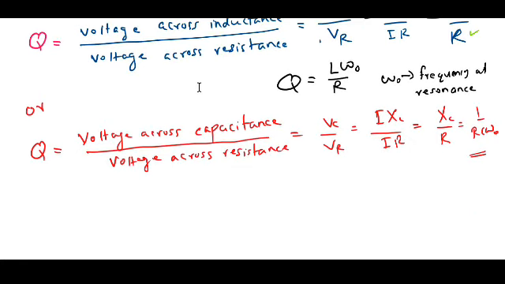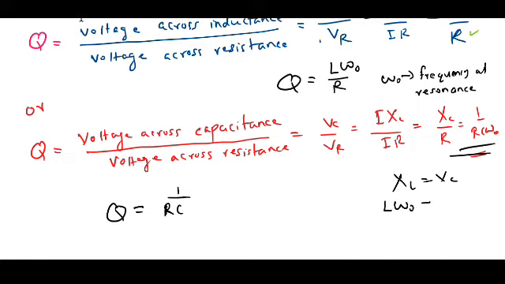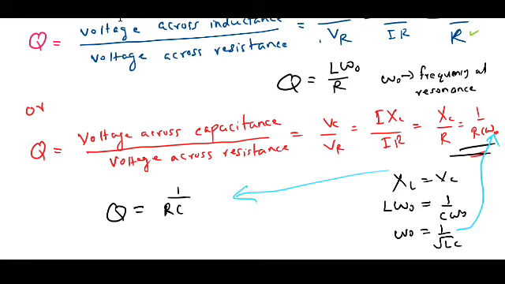I can write this Q factor in another form. We have 1 by R C omega 0 in this expression. We know that XL is equal to XC, that is L omega 0 is equal to 1 by C omega 0. From this, omega 0 is 1 by root of LC. I substitute this 1 by root LC instead of omega 0 into this expression.